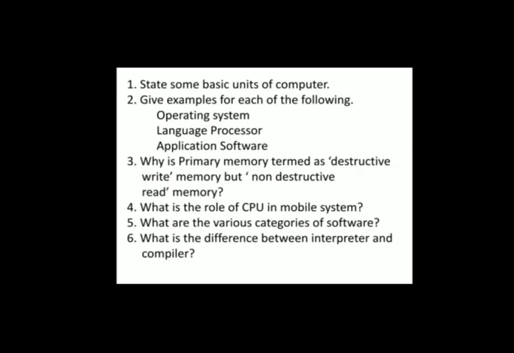Question number 4. What is the role of CPU in mobile system? Question number 5. What are the various categories of software? And question number 6. What is the difference between interpreter and compiler?